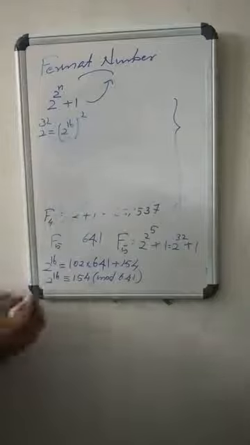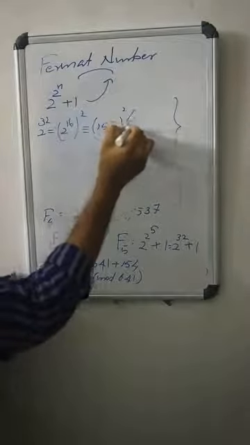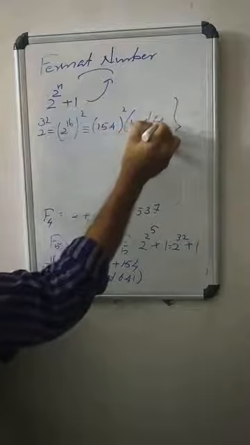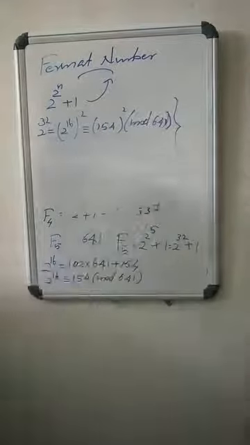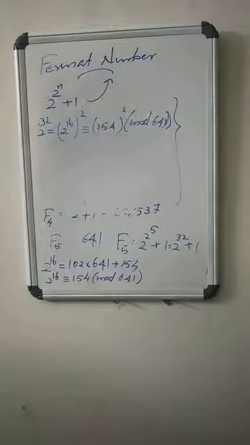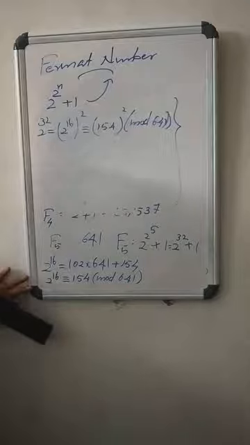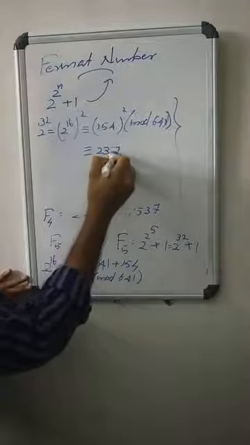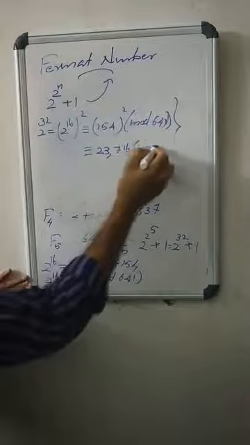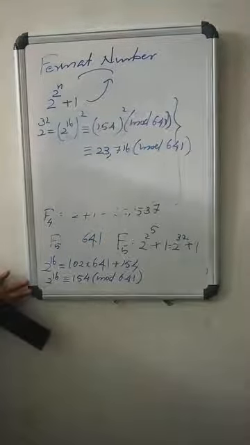So 2 power 16 whole square is congruent to 154 whole square mod 641. And 154 whole square is 23,716, mod 641.